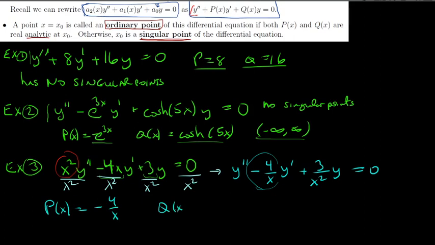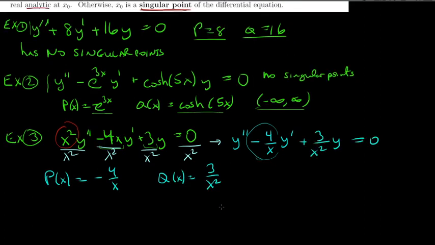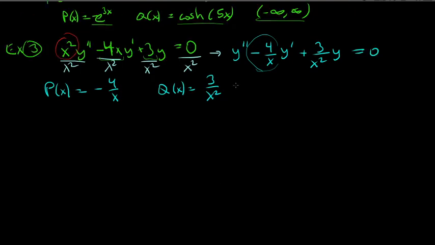And my q of x is 3 over x squared. So are these real analytic, in particular at x equals 0? We want to center it at x equals 0. Well, clearly not. Both p and q do not exist at 0, so p and q are not analytic. They don't have a power series at x equals 0.